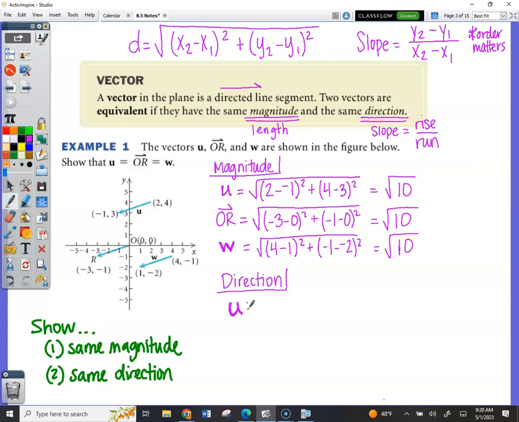However you subtract the y's dictates how you subtract the x's. So if I go from the original point, when I say original, I mean the starting end of the vector, because there's no arrow there. If I start here and subtract this with my y's, then I have to do it that same order with my x's. So with the y's, it would be 4 minus 3 over 2 minus negative 1.